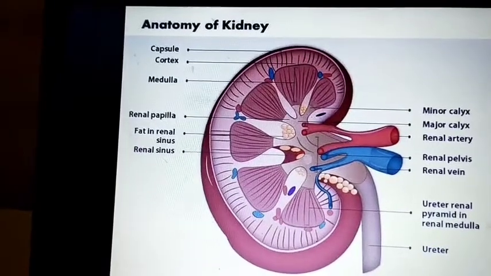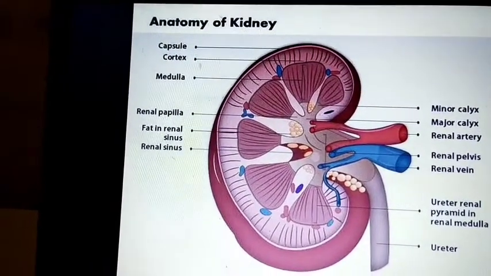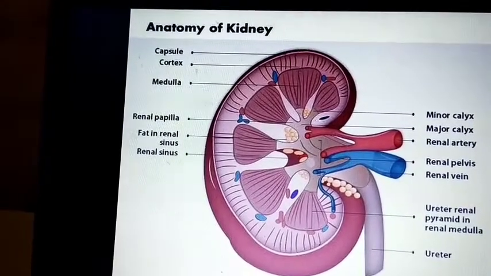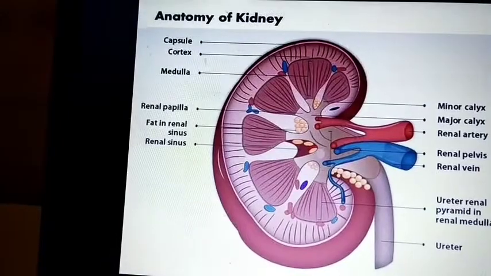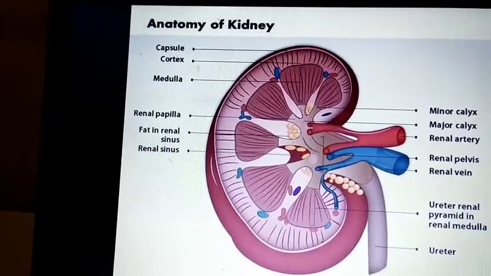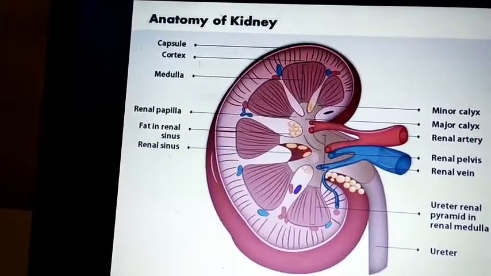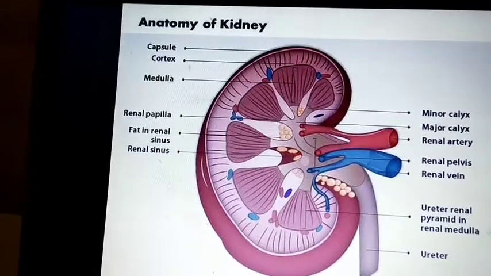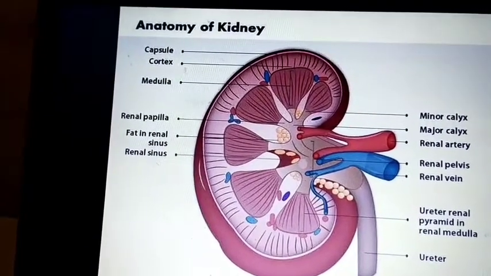The pyramids have a base and an apex, and the apex of the pyramids opens into the minor calyx. These minor calyxes join together and form the major calyx, and each major calyx opens into the renal pelvis. The renal pelvis is nothing but a funnel shaped structure that drains the urine.